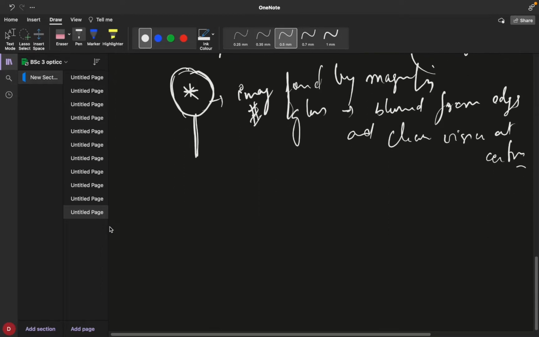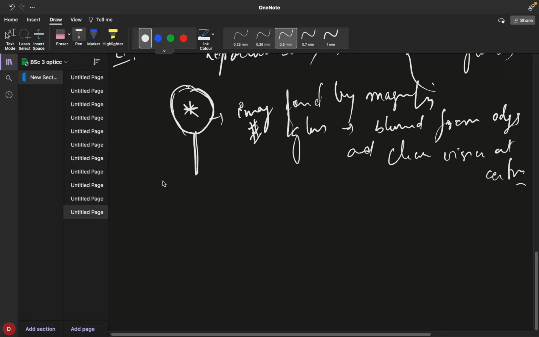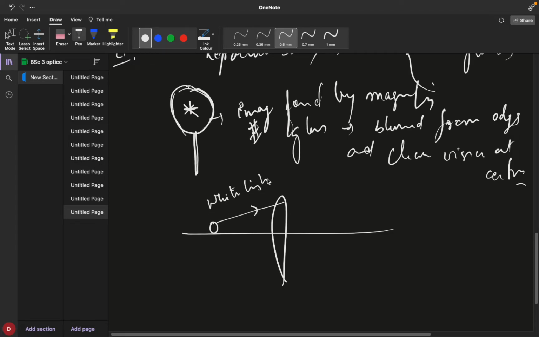So if we see a proper diagram, this is my convex lens, this is the principal axis, and there is an object which gives white light. It is divided into its constituent colors. This is red color, and where it cuts is the focal point for red, with focal length FR.